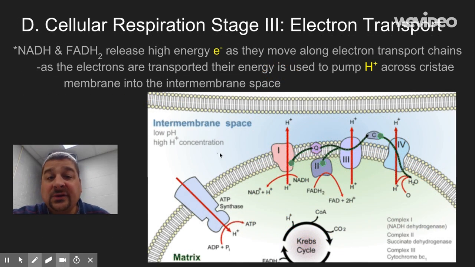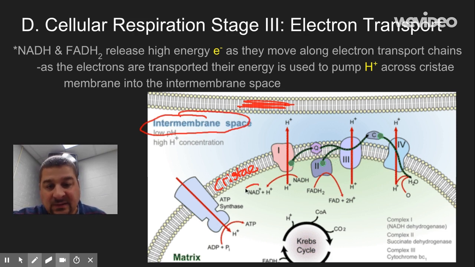The electron transport chain is going to be very similar to how it works like we looked at in photosynthesis earlier in chapter 4. So right here is the cristae membrane. Here's the outer membrane of the mitochondria, and we've got this intermembrane space right here. Over on this side comes NADH and FADH2.